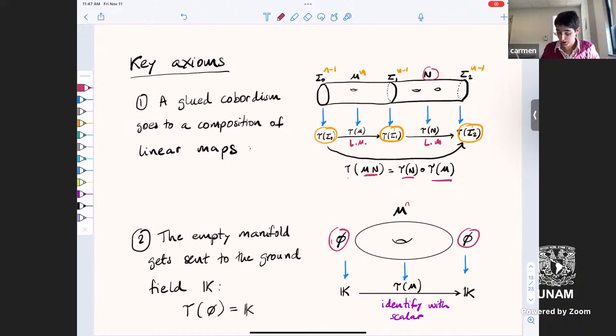And when I translate to the algebra via the functor, what I'm getting is the ground ring right there, and I'm getting a linear map. A good way of thinking of that linear map is to identify it with a certain scalar. Because if you identify that with a scalar, then what you're saying is you are taking a closed manifold and having your TQFT spit out a scalar.